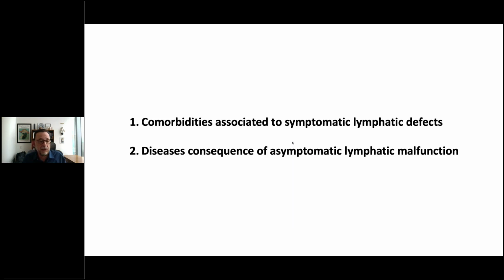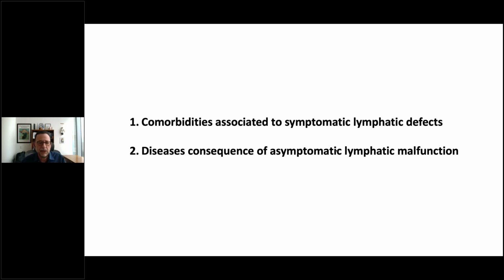What we would like to do in the future is take advantage of this biomarker to use a large number of individuals, in this case patients with symptomatic lymphatic defects, but also others in which, like our Prox mice, they don't have obvious lymphatic defects. They are just obese, like in our mice.